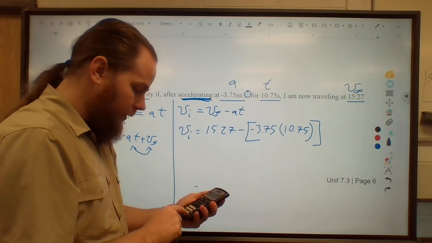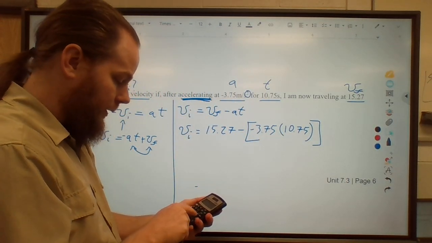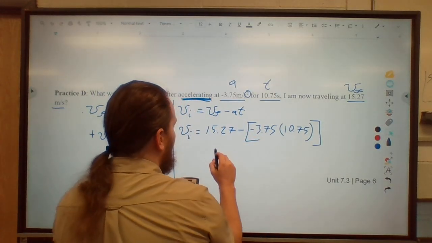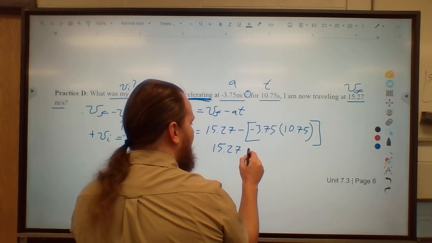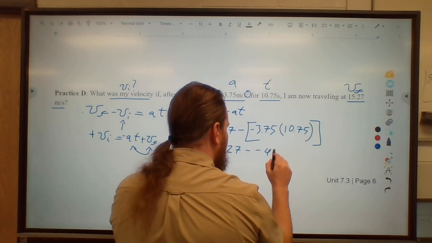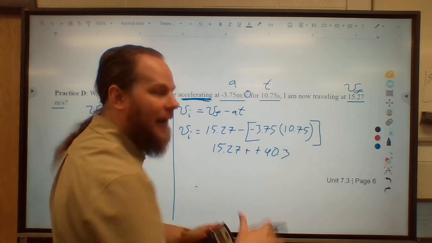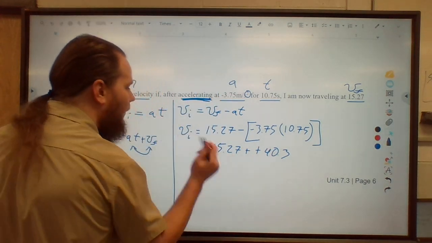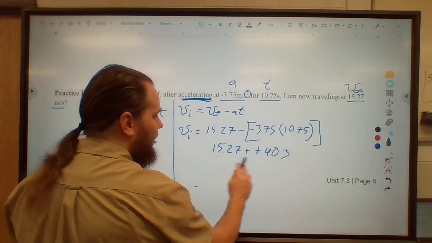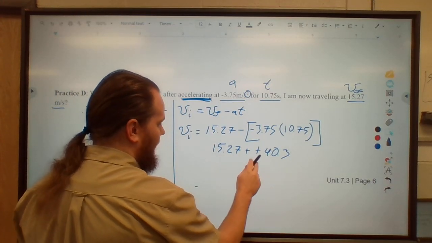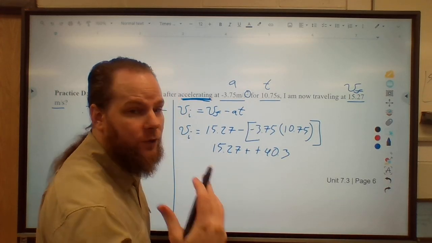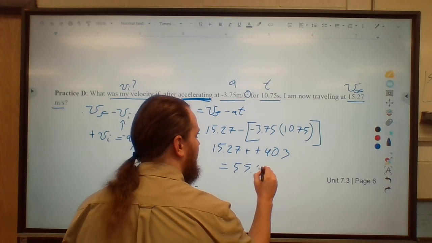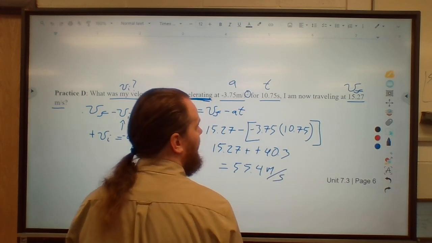So that's 3.75 divided by 1 times 10.75. Make sure I entered it right. Yes, okay. So now we want 15.27 minus negative 40.3. Those negatives cancel. This is why it's really important and why swapping your variables can actually make your life a little easier. So we add these two and we get 55.57, which needs rounded to 3 sig figs. So our answer is going to be 55.4 meters per second.